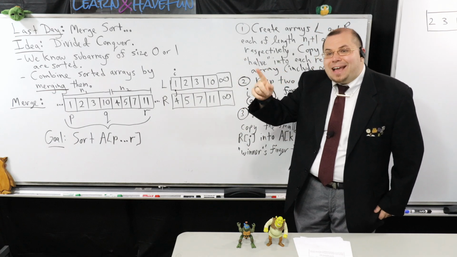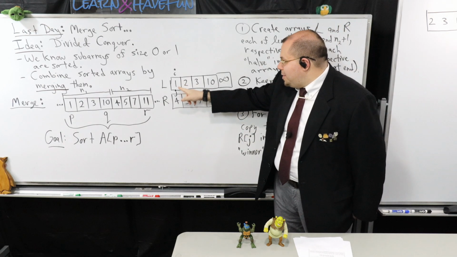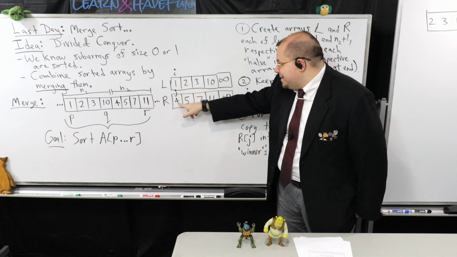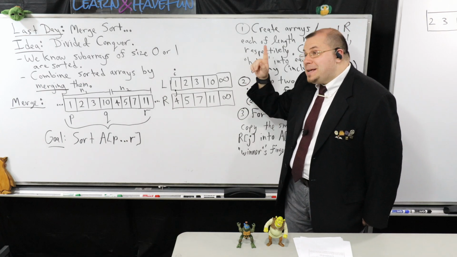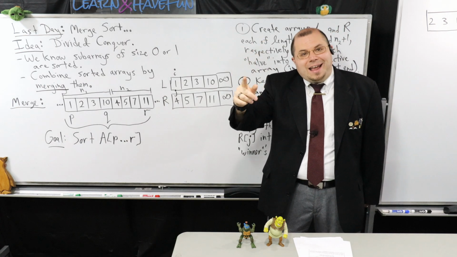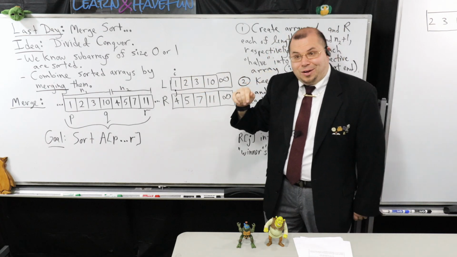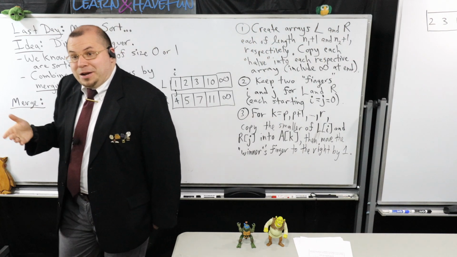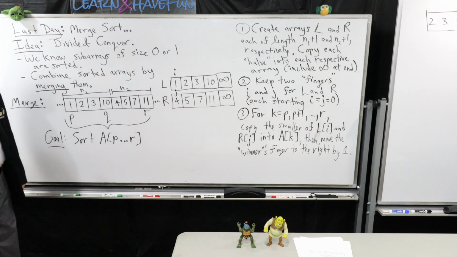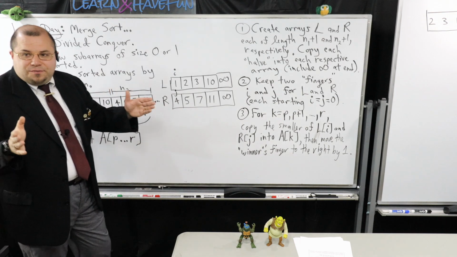So if I compare 1 against 4, it also has to be less than everything else in R, but because I'm currently considering everything in that given position, everything to the right of that also has to be bigger or equal to my value, right? So we're going to use this information.